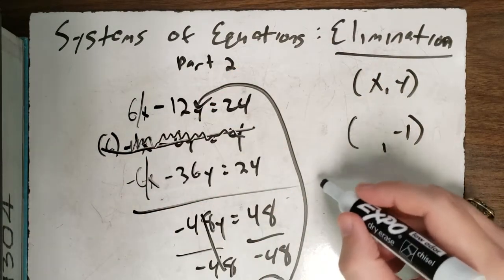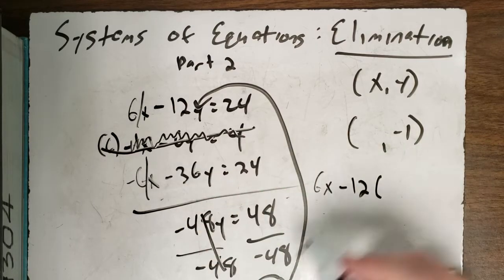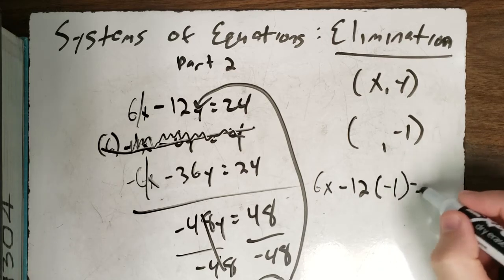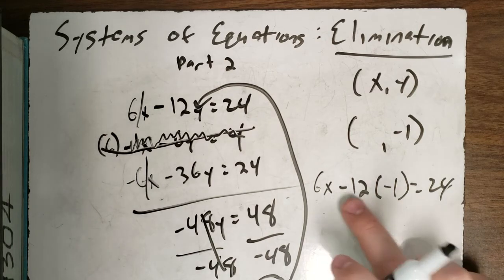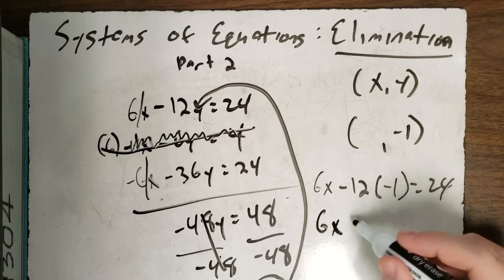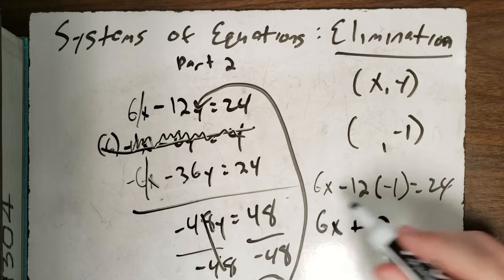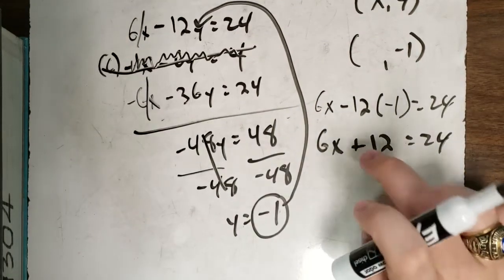So rewrite your equation. 6x minus 12 times negative 1 equals 24. So let's do the math. Negative 12 times negative 1 equals a positive 12. Just bring down our 6x, 24. To get x by itself, we move our 12.